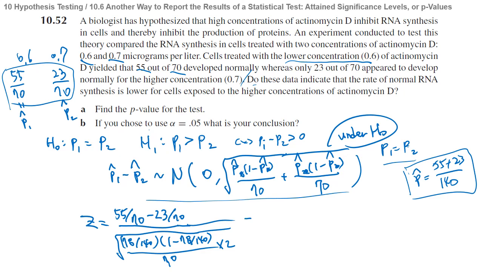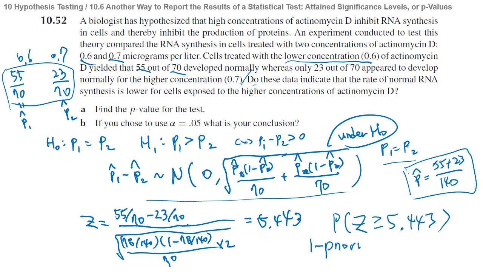Okay, and if you use your calculator to get this number, this one is 5.443, and so the p-value is the probability that z is greater than 5.443. If you use R, like 1 minus pnorm(5.443), then you will find this is very close to 0, and so you can say that your p-value is very close to 0.